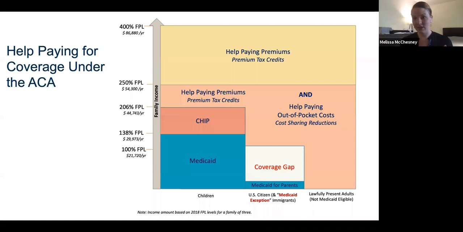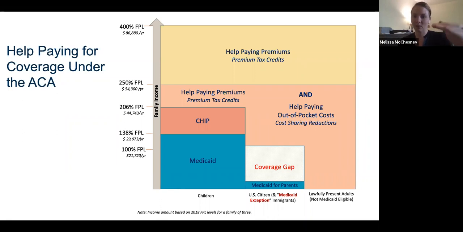But that was the intention. Earlier this week, Aurora talked about how you can become a certified application counselor and do enrollment through healthcare.gov. When you're doing that enrollment, you're enrolling folks into health plans with premium assistance, so help paying that monthly cost for those private health insurance programs.